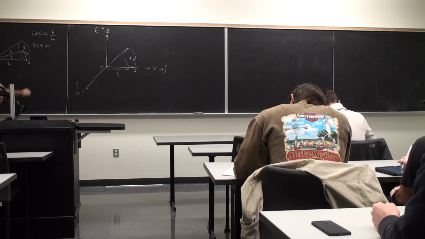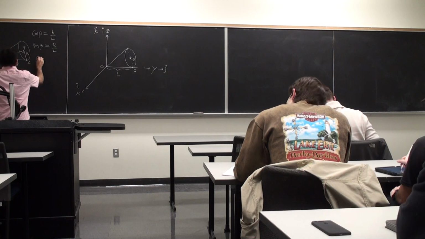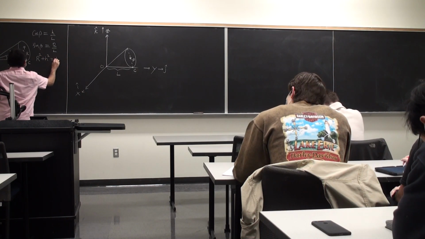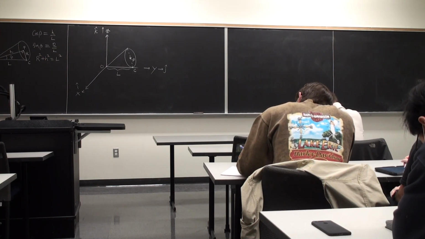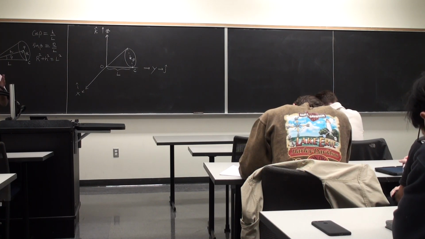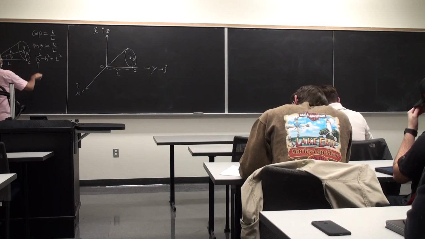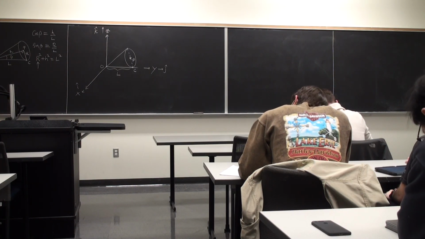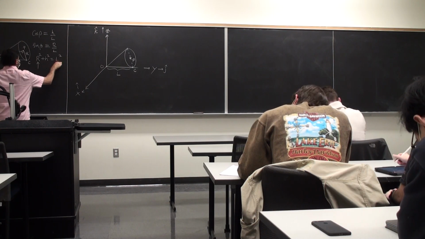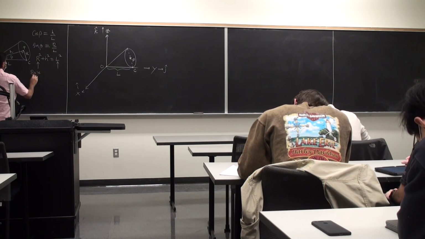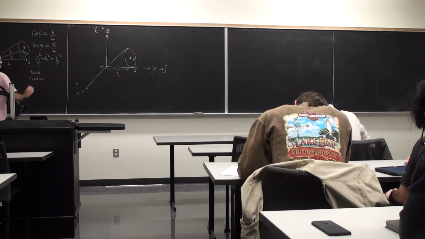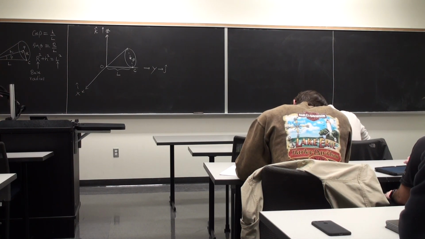So sine beta is R by L. And we also have a relationship between h, L, and R: R squared plus h squared is L squared. The dimensions that you are typically given are the base radius R, and L, which is called the slant height.